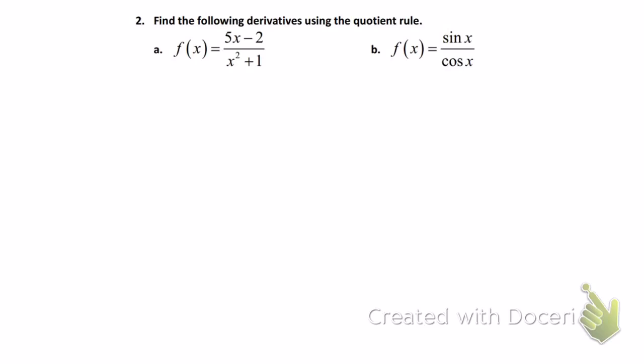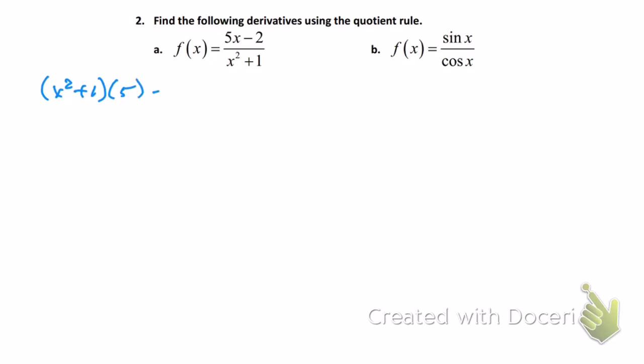Okay, so f of x is on top, g of x is on the bottom. So I think of g of x coming up to the top, so I'm going to say x squared, this is my second function now, times the derivative of the first. Well, what's the derivative of 5x minus 2? 5.